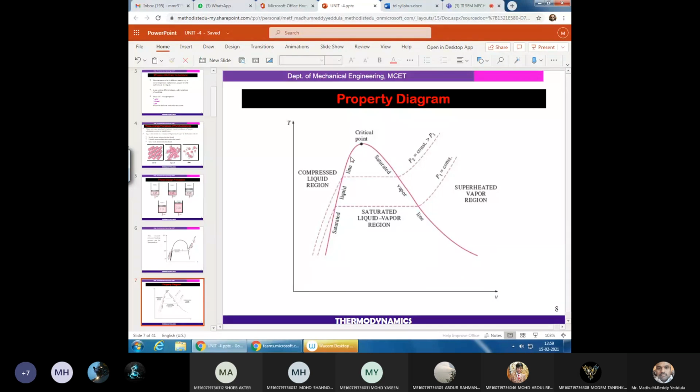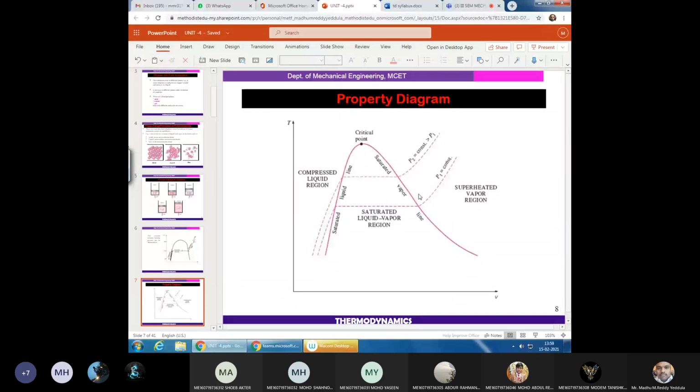Okay, if you take any point on this line, that will be liquid. If you take any point on this line, that will be in the form of vapor. Again, you can see there are two dotted lines over here. These lines denote the constant pressure lines. So this is P1 pressure, this is P2 pressure, and if you move upwards, the pressure increases, so you can say P2 is greater than P1. Okay, so this is the critical point.